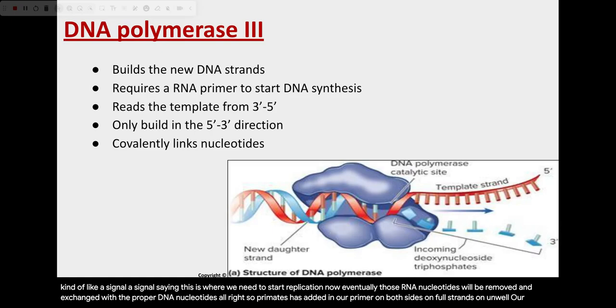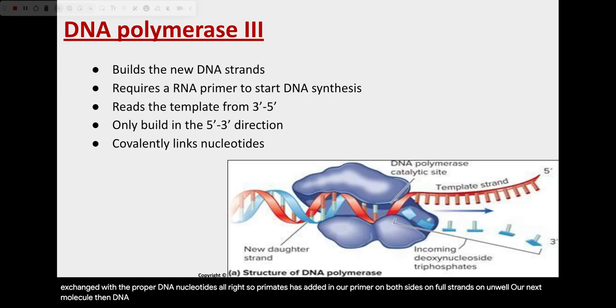Our next molecule then, DNA polymerase 3, will then actually sense or know where to start replication by binding to that RNA primer. Right, so the RNA primer tells it where to start.